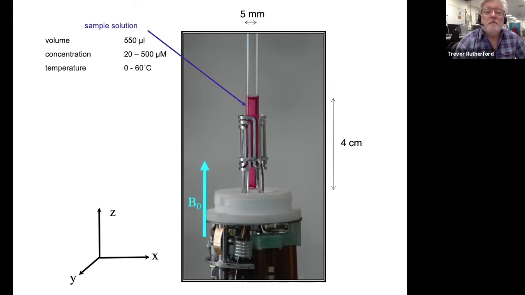So we would normally recommend keeping it to no more than about 500 micromolar. And we have a temperature range that is moderately usable for biological studies. Okay. Note that the sample does not come into contact with the machine directly at any point. It stays within the sample tube, and so in principle you can recover your sample at the end and take it back to do other things with it.